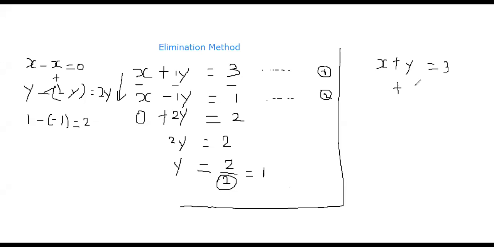So wherever we see y, we put 1. And then we make x the subject. So making x the subject, we carry over plus 1, it becomes negative on the other side. So we minus, right? So we get x is equal to 3 minus 1 is 2.